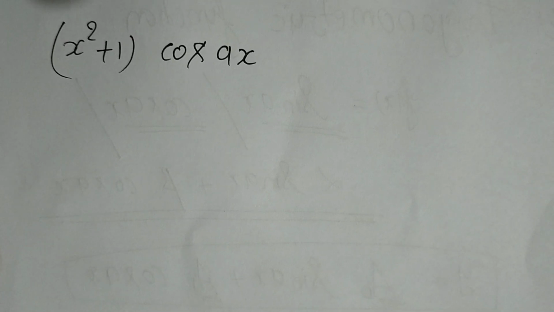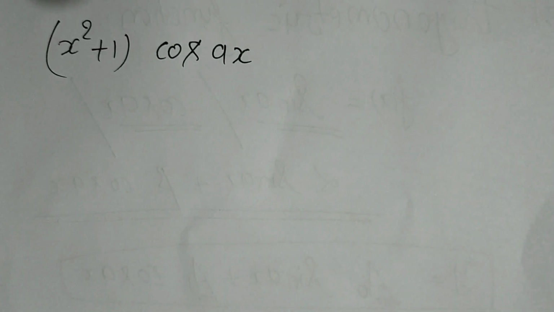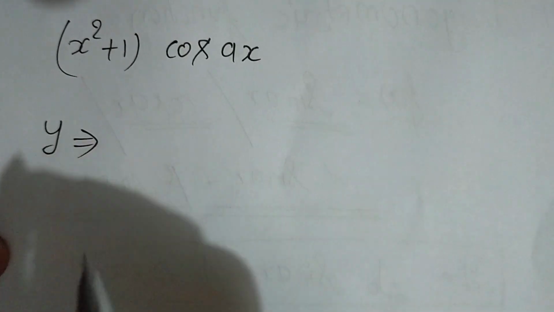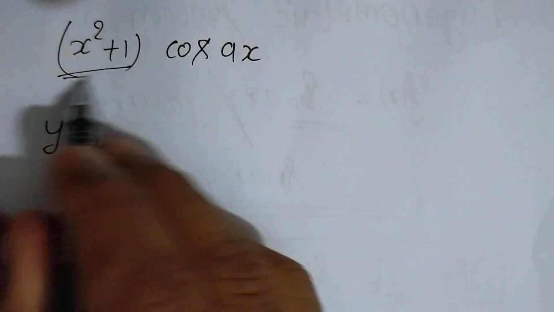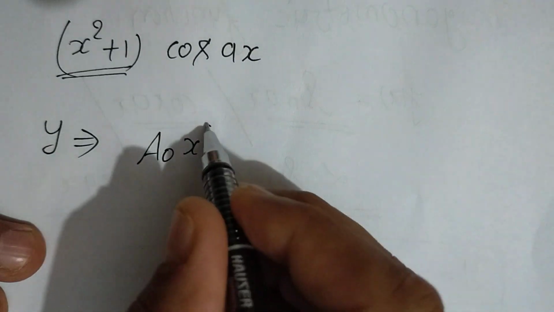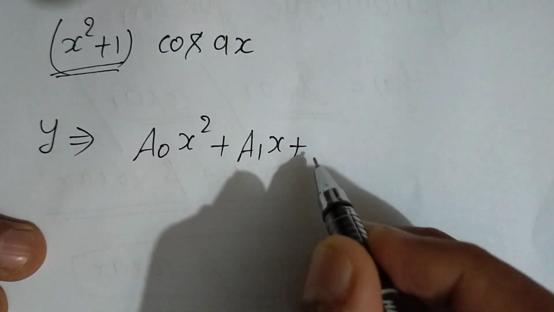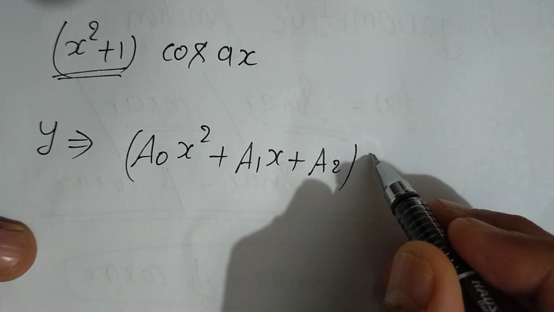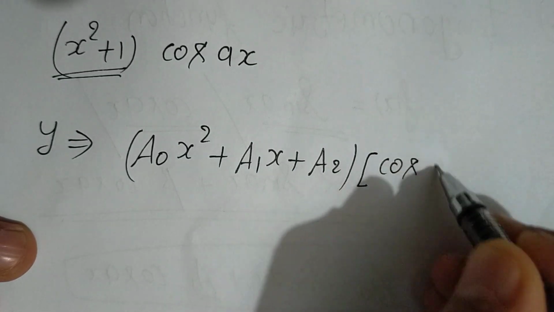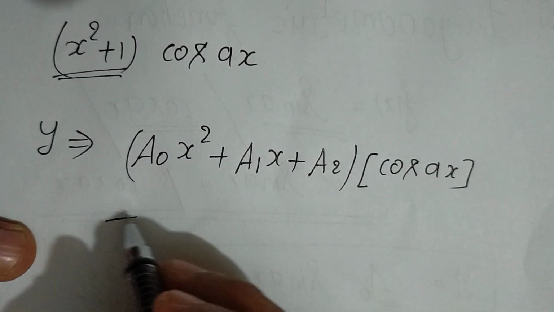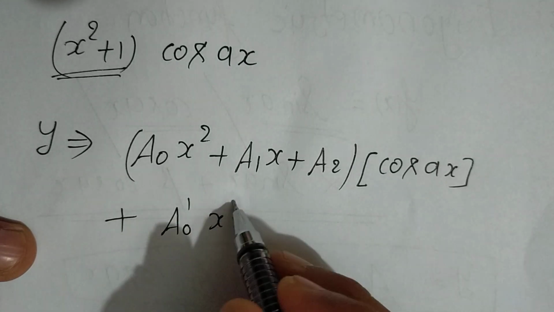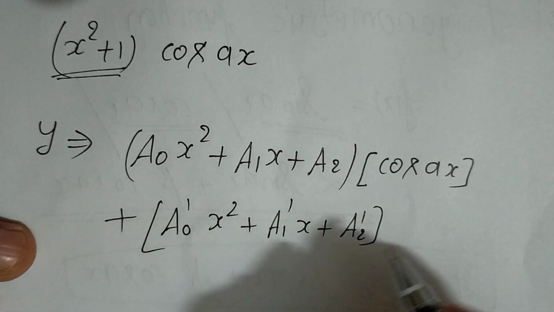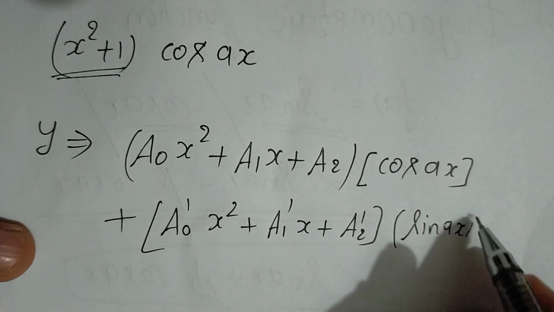If we have combination of polynomial and trigonometry function, x square plus 1 times cos ax, the trial solution will be: x square plus 1 means we can have a0 x square plus a1 x plus a2, and we can have cos ax plus a0 dash x square plus a1 dash x plus a2 dash sin ax.